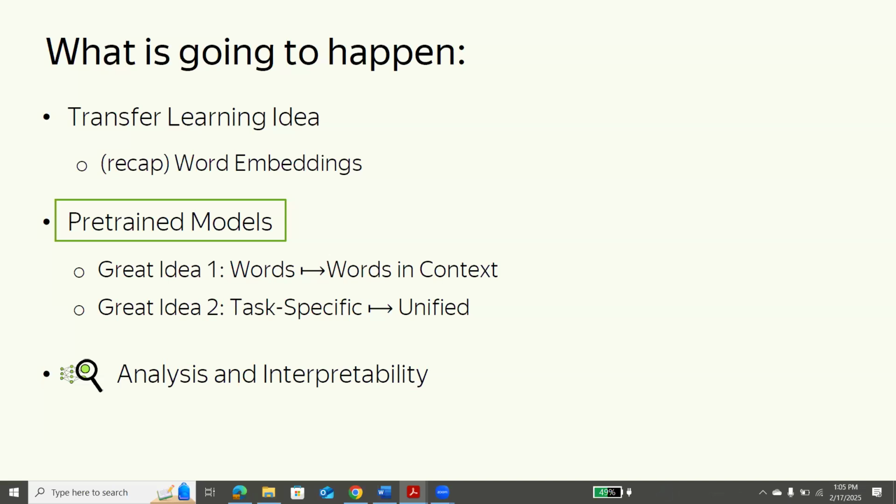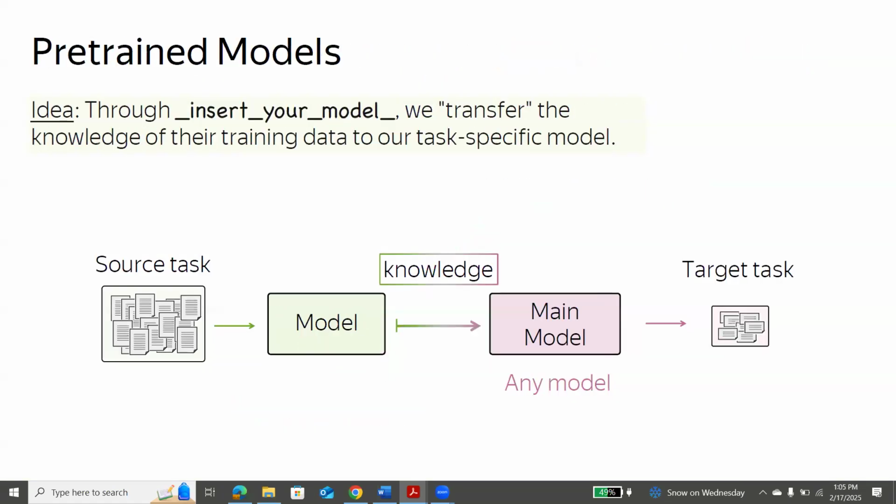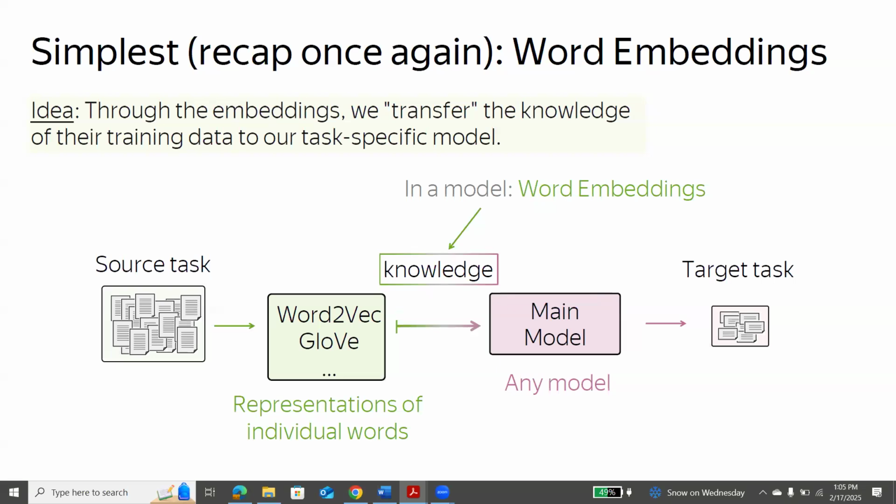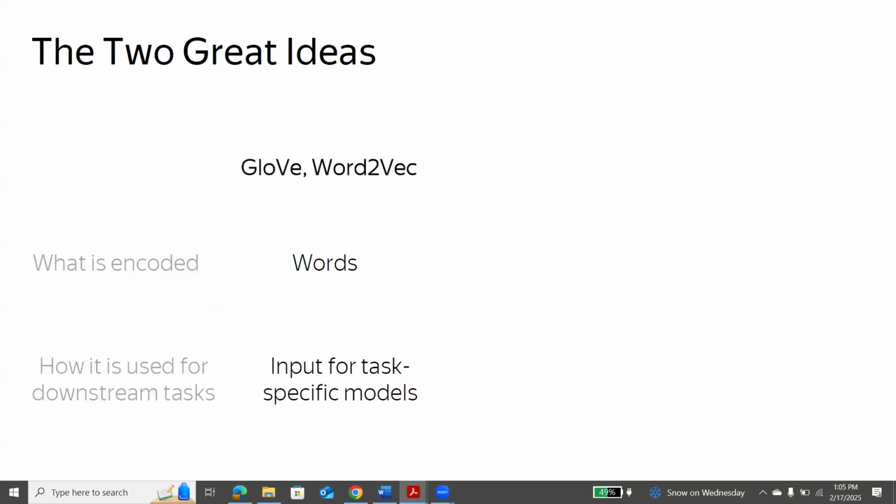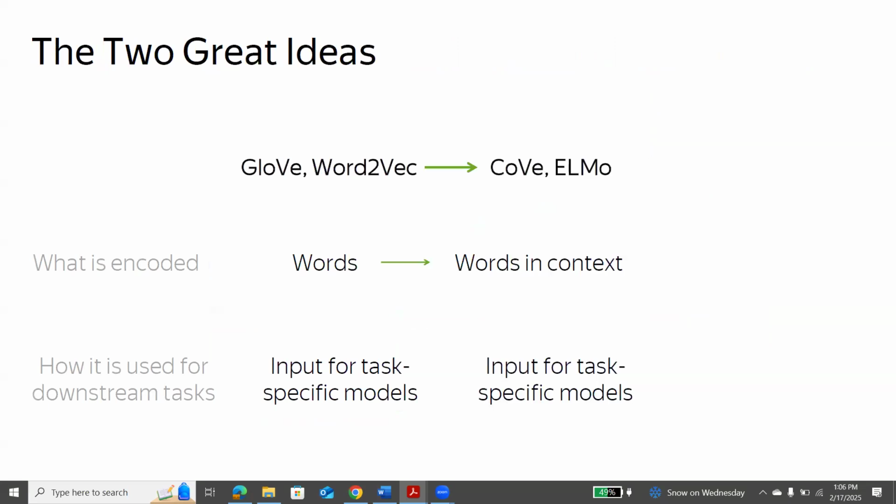Now we want to create embeddings that are aware of our specific sentence. I will skip these slides. The first model that used sentence-specific word embeddings is called ELMo.